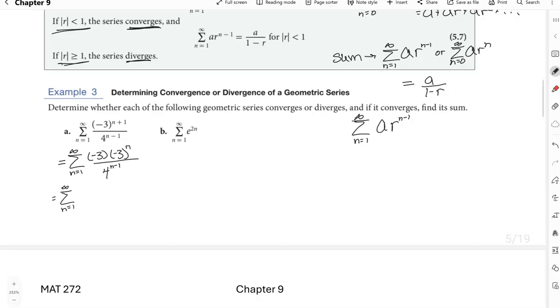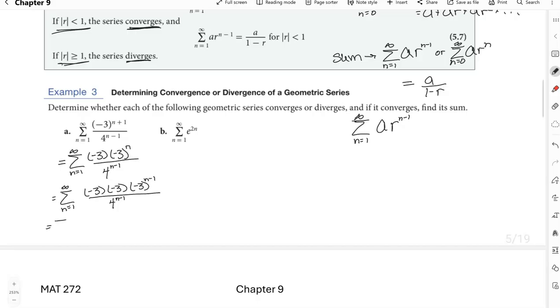I kind of thought about pulling out a -3 from that -3 to the n minus 1. And now I'm going to do the same thing again, and then I'm going to be left with -3 to the n minus 1. If you think about multiplying, and you have the same base, you would add the exponents together. So we're going to have a 1 plus a 1 plus n minus 1, which gives me that n plus 1 there.